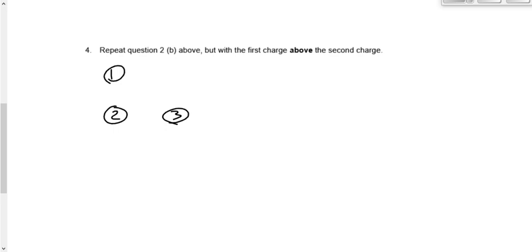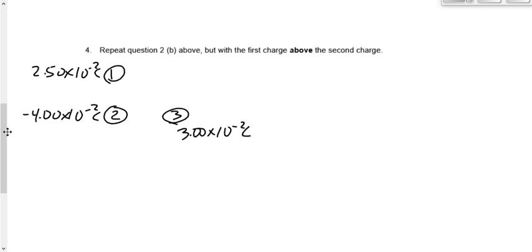This is 2.50 times 10 to the negative 2 coulombs. This one is negative 4.00 times 10 to the negative 2 coulombs. And this one is 3.00 times 10 to the negative 2 coulombs. Same data, except the placement of charge 1 is different. Same distances, 60.0 millimeters and 5.00 centimeters.